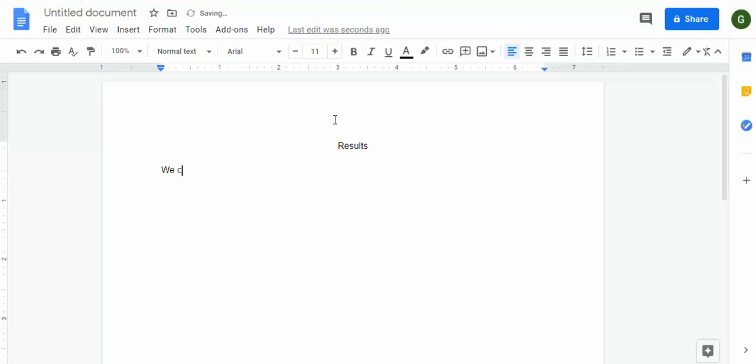So in my case, it would be we calculated Pearson correlations between hours of sleep, hours of commute per day, GPA, and hours of social media use per week. So this is the opening sentence that you need.